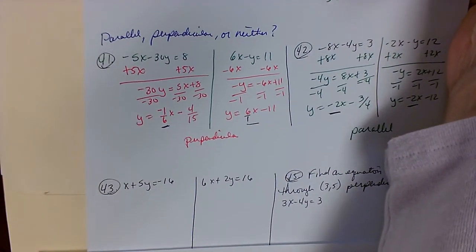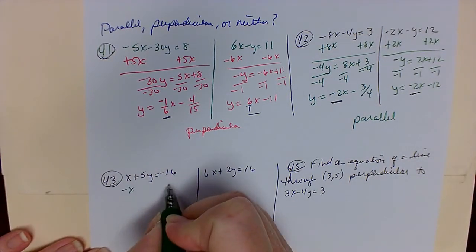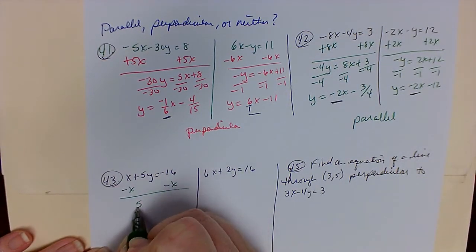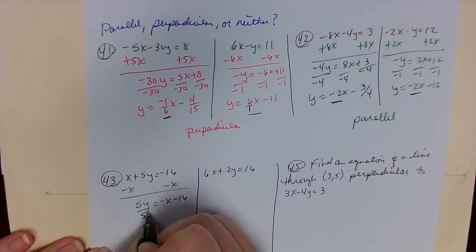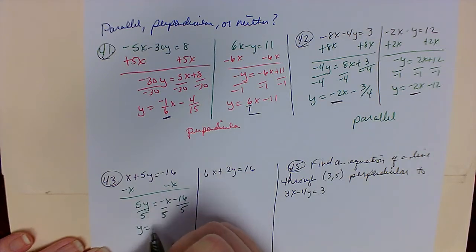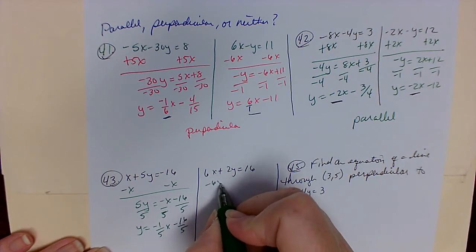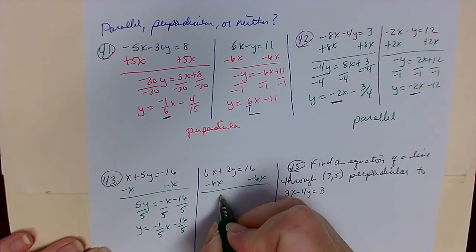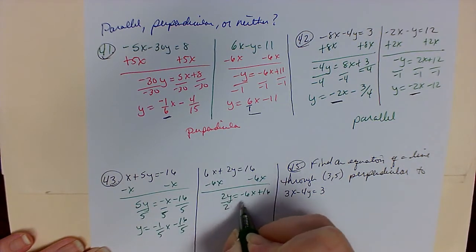The next one we're looking at is right down here. So negative x, we'll get 5y equals negative x minus 16. Divide each term by 5, and we get y is equal to negative 1/5 x minus 16/5. Subtract our 6x. We get 2y is equal to negative 6x plus 16.